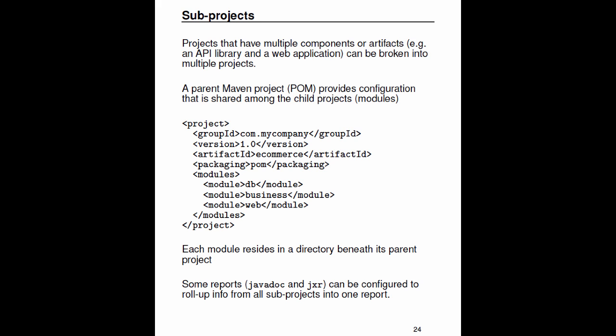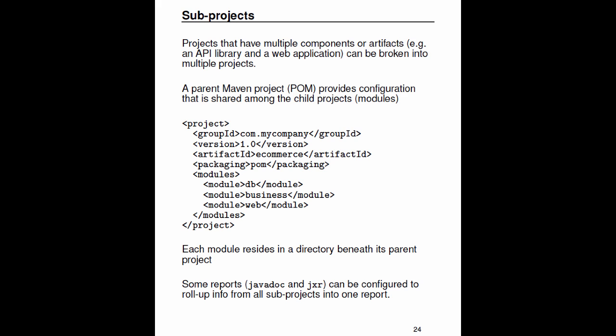Okay, so as your project grows, you might need to have sub-projects or sub-modules of it, and Maven has a facility for doing this. You define what's called a parent POM that then refers to all of the child modules.